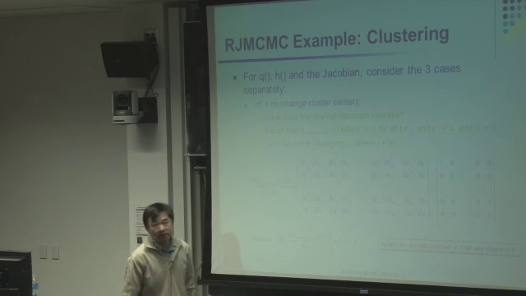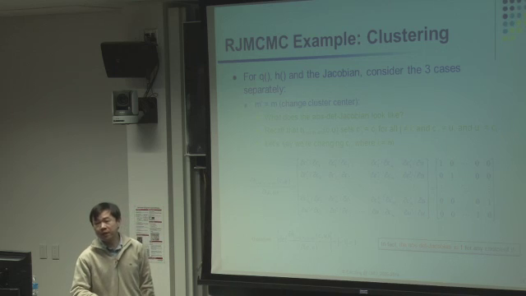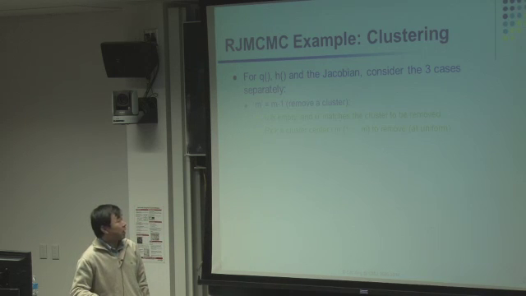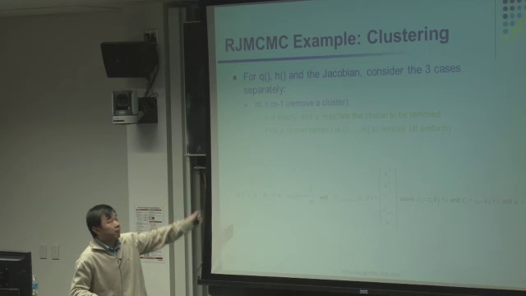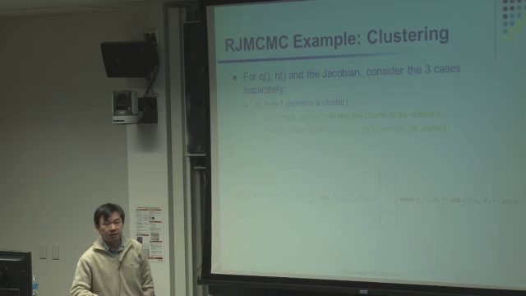So that's basically the move for m equals to m, m prime equals to m. And here I have another move where I want to decrease the model dimension, moving from a model of 3 clusters to another model of 2 clusters, say.